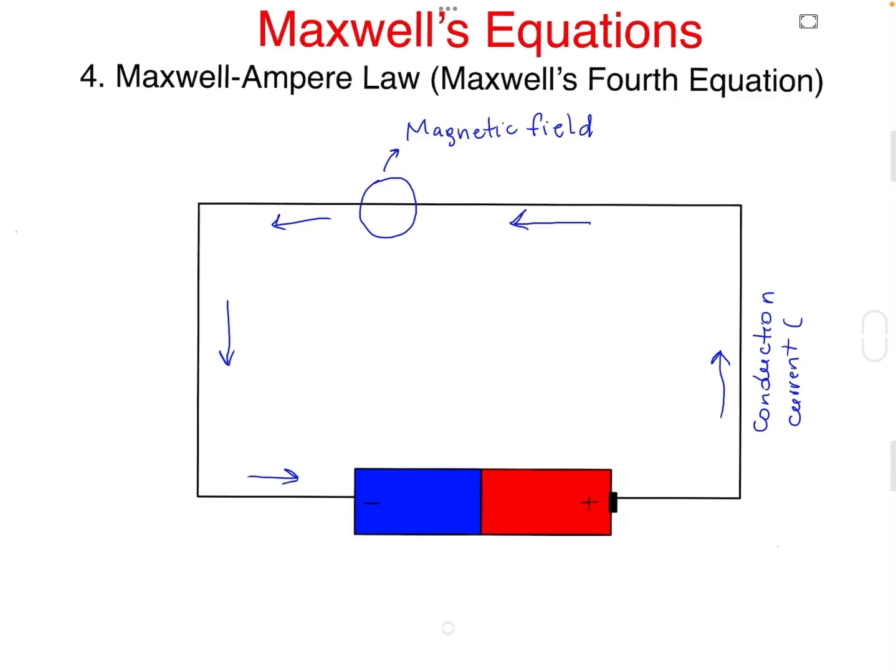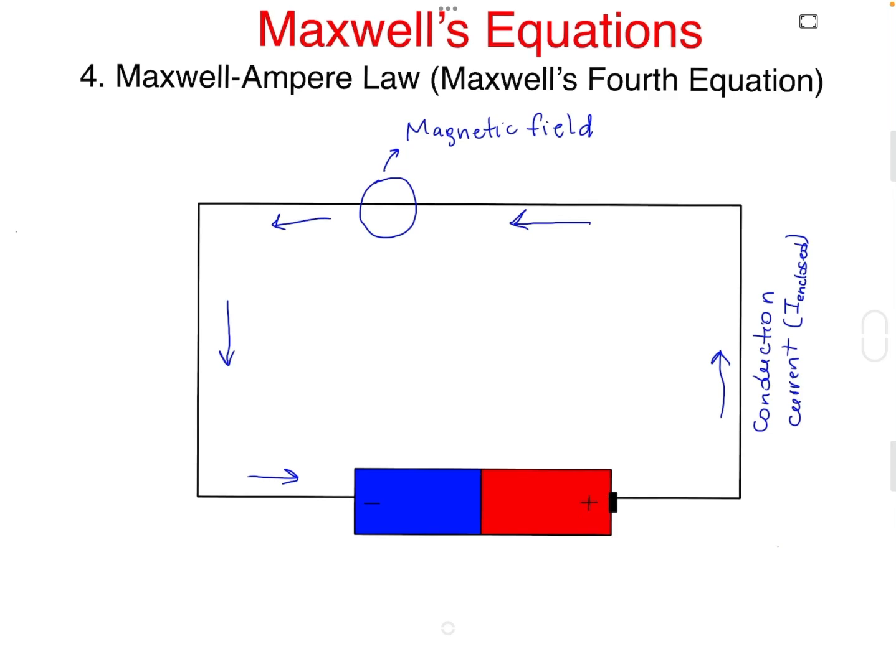We can also call it I enclosed. This is very important. The strength of this magnetic field is directly proportional to the conduction current, which makes absolute sense, because the higher the current, the stronger the magnetic field.